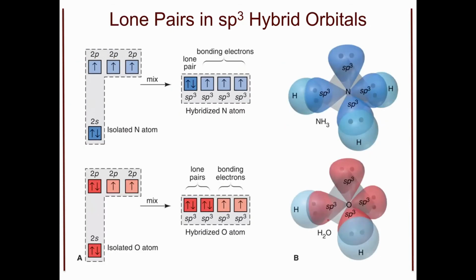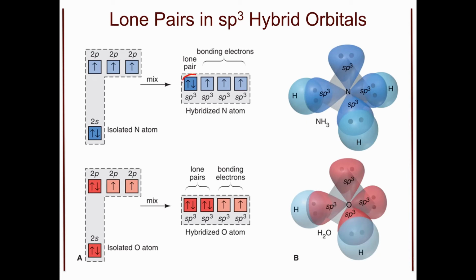The nice part about it is that we can also go ahead and put lone pairs in our hybrid orbitals if need be. So notice that in my isolated nitrogen atom, I have a total of 5 valence electrons. If I were to go and hybridize, I can put those 5 valence electrons in 4 hybrid orbitals.